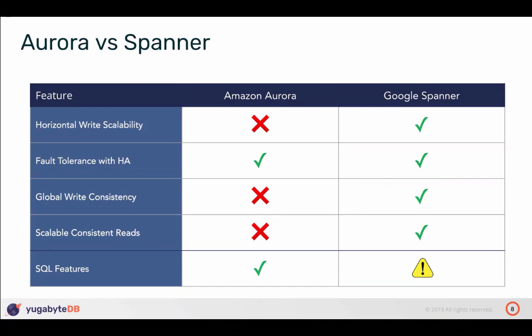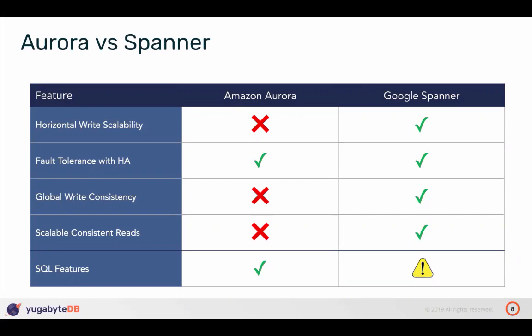The second piece is fault tolerance and high availability, and both these databases are built with HA in mind. If you go towards globally consistent deployments, where you want your writes to be globally consistent, you typically cannot achieve that with Amazon Aurora because it does multi-master asynchronous replication, whereas Google Spanner does strongly consistent replication, so that is something you can achieve.